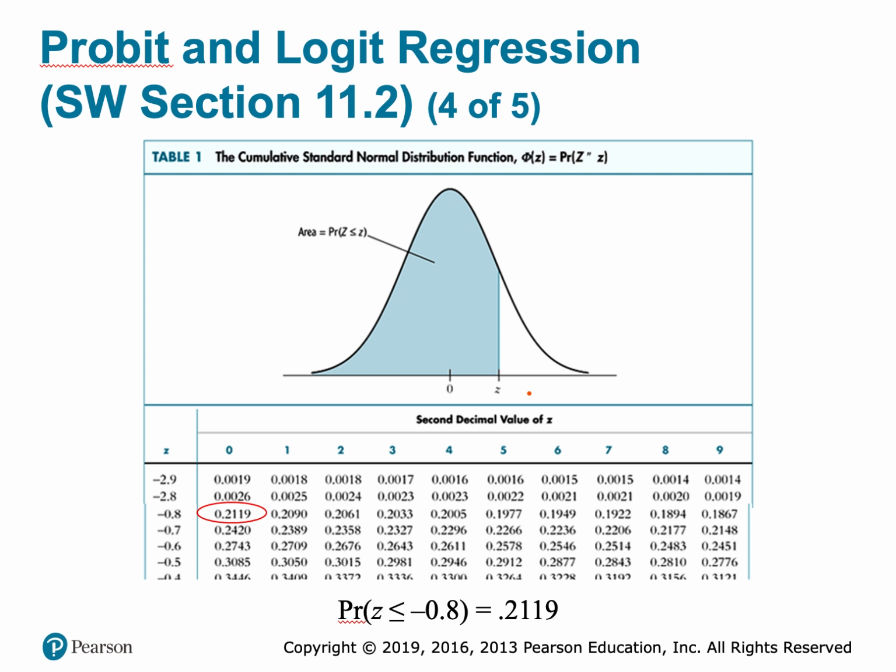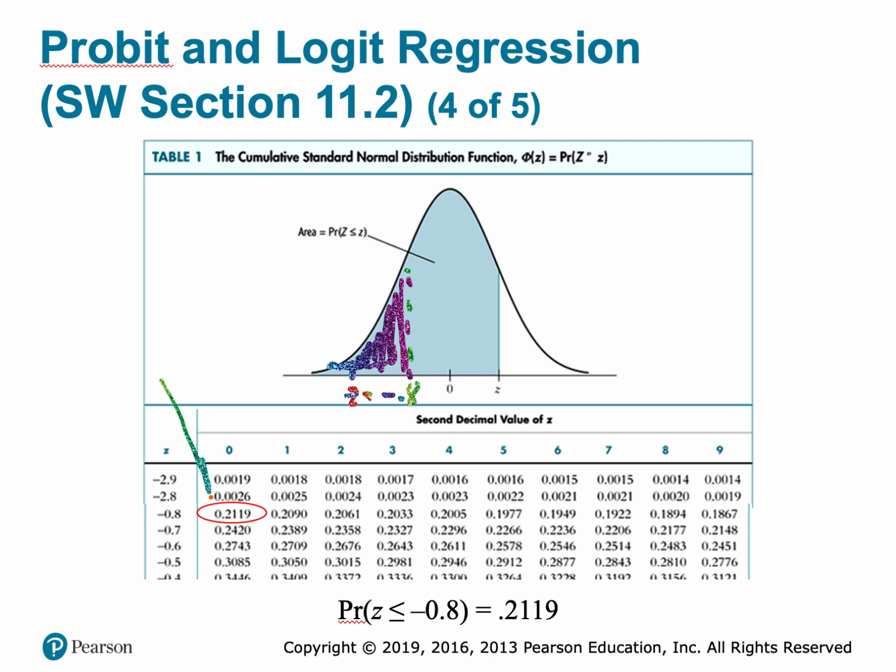Here is the cumulative standard normal distribution function. Recall that the cumulative standard normal distribution function gives you the area under the standard normal curve up to the value z, and our value z is negative 0.8. So we're going to see something like this, and we're going to have all of this area under the curve here.